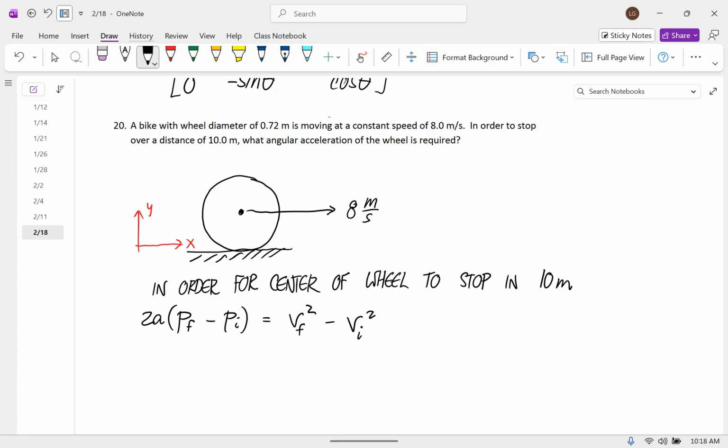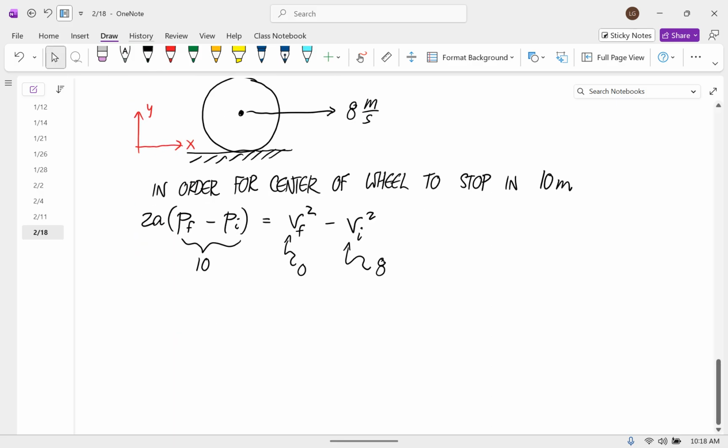And I want to calculate the acceleration. P final minus P initial, this is what we want to be 10. V final is 0, V initial is 8. So we have 20a is equal to negative 64. And so a is equal to negative 3.2 meters per second squared.